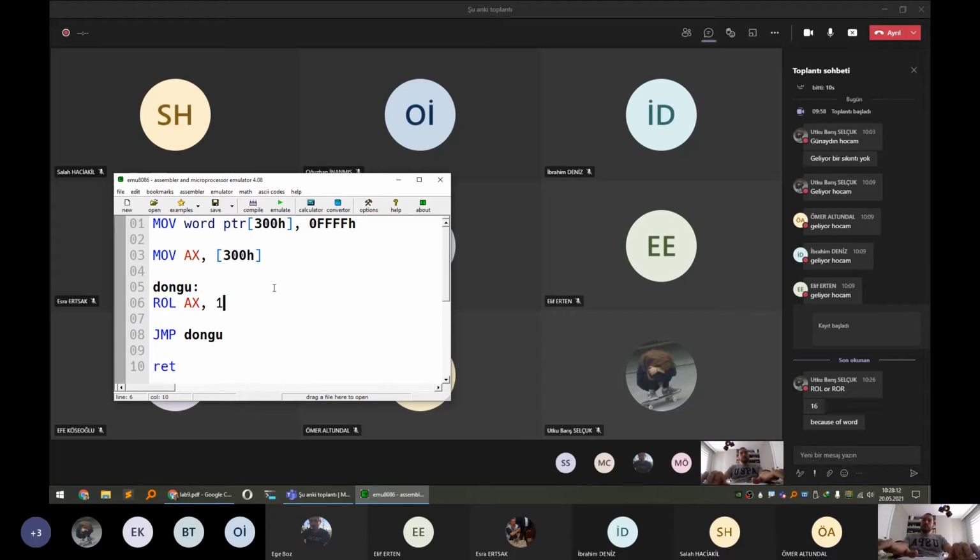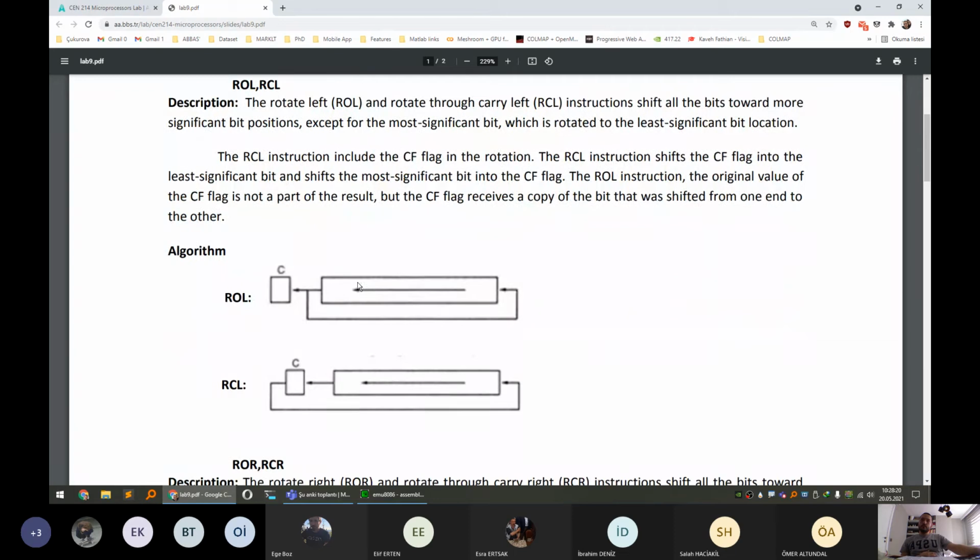And I'm going to rotate one by one. At every rotate, when we rotate through left, at every rotate, I'm going to count the carry flag.